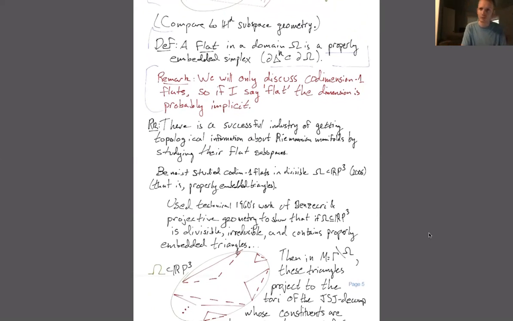And so we're inspired by the fact that in Riemannian geometry, you can really learn a lot about non-positively curved Riemannian manifolds by looking at their flat, totally geodesic subspaces. Especially those of low codimension, those of high dimension, are particularly useful in extracting topological data, in extracting group theoretic data about the fundamental group of the manifold. Okay.